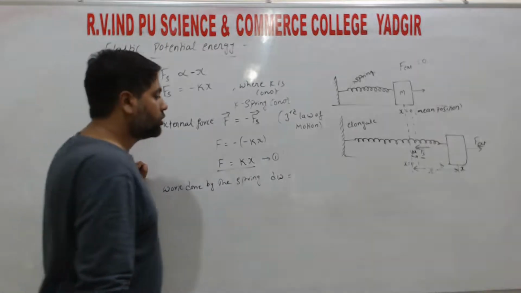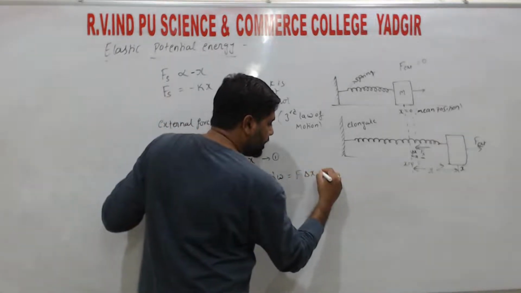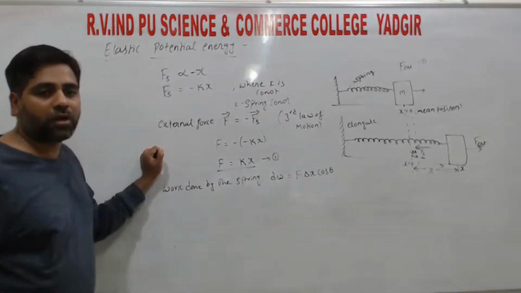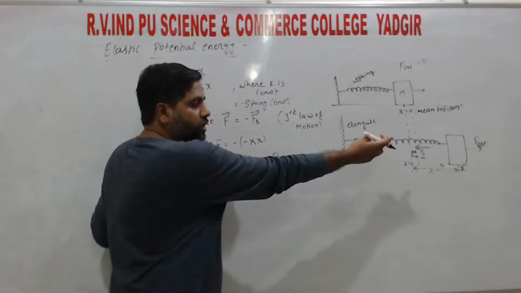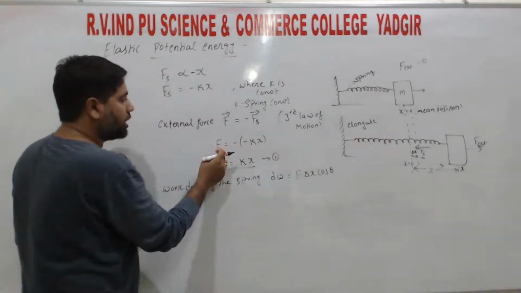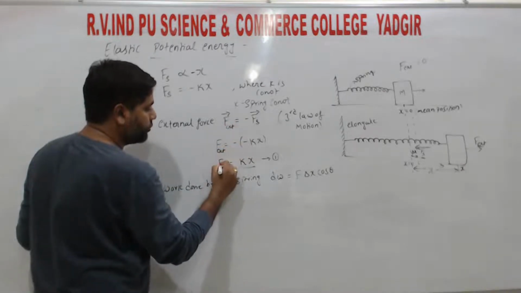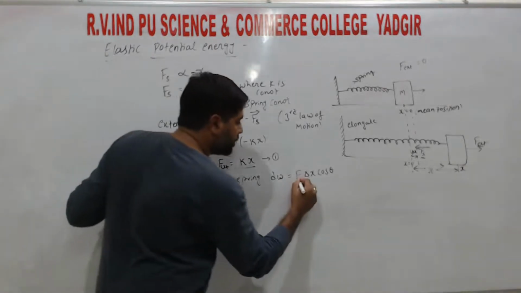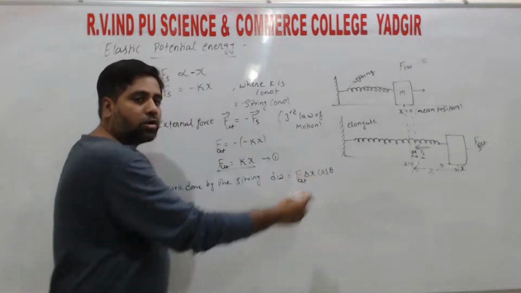So dw is equal to F into delta x into cos theta. This is from the definition of work done. F is the force which we apply, that force we call the external force, F external. So here also we will write F external. Delta x is the small change in position.